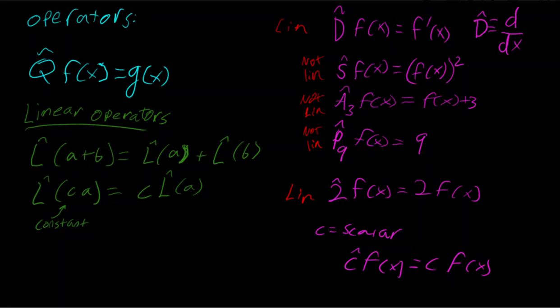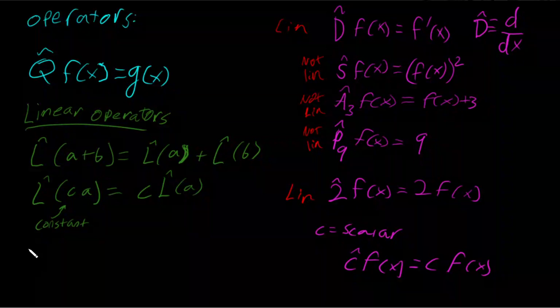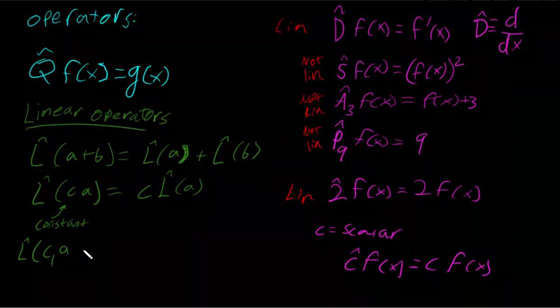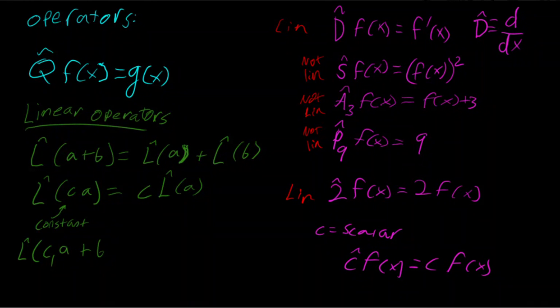One other thing that linear operators can do, if I just want to combine both of these statements, say I have a linear combination of things. So say I have L hat acting on a linear combination, which is one constant C1A plus C2B, plus dot dot dot.